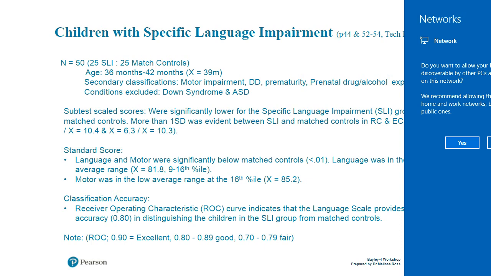Standard scores for language and motor were significantly below matched controls. Language and motor were both in the low average range. The ROC curve indicates that the language scales provide good accuracy of 0.8 in distinguishing the children in the specific language group from matched controls.